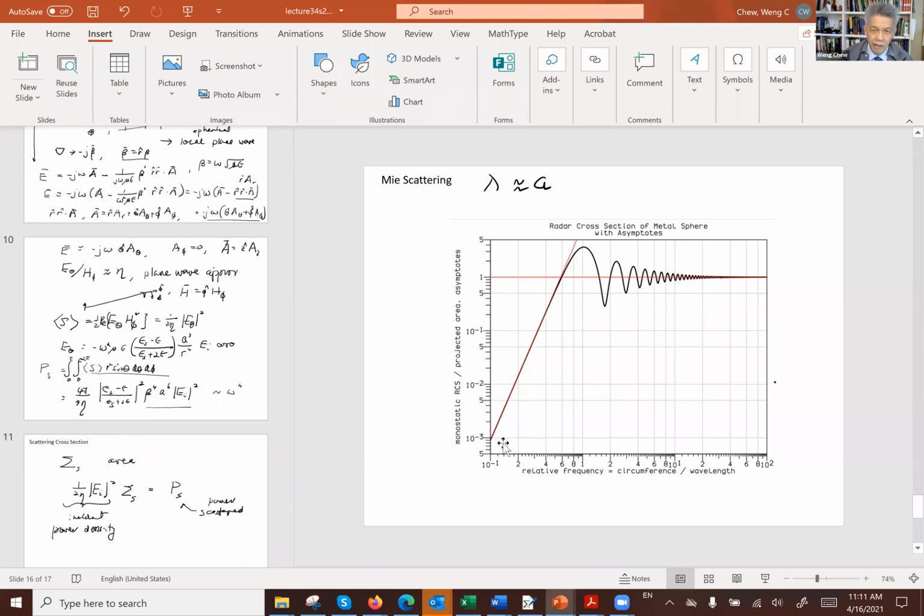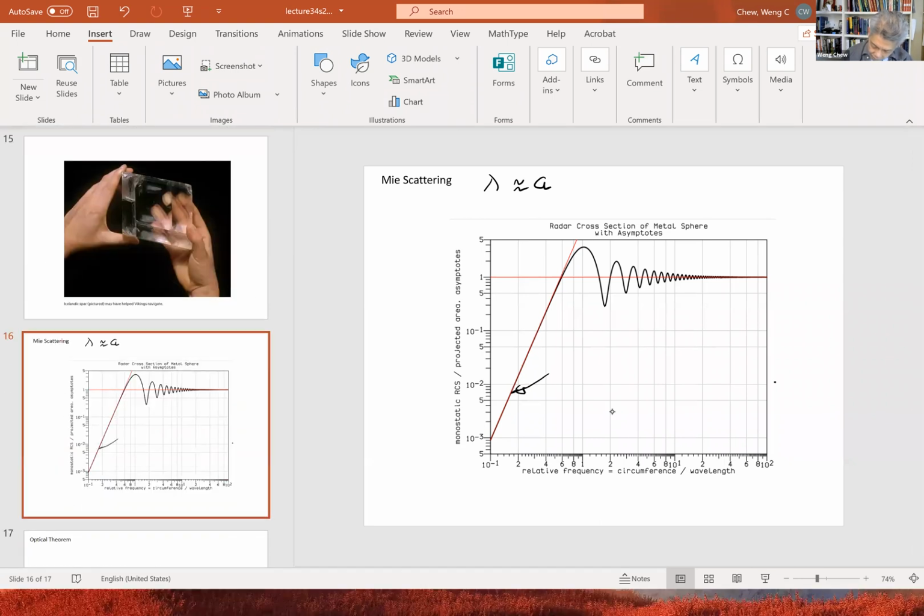And if you were to plot it on a log-log plot, you'll find that this becomes a straight line. So this power law, beta to the fourth, becomes a straight line. But it will not continue to be a straight line forever because this is a low frequency approximation. So Rayleigh scattering is only valid in the low frequency part.